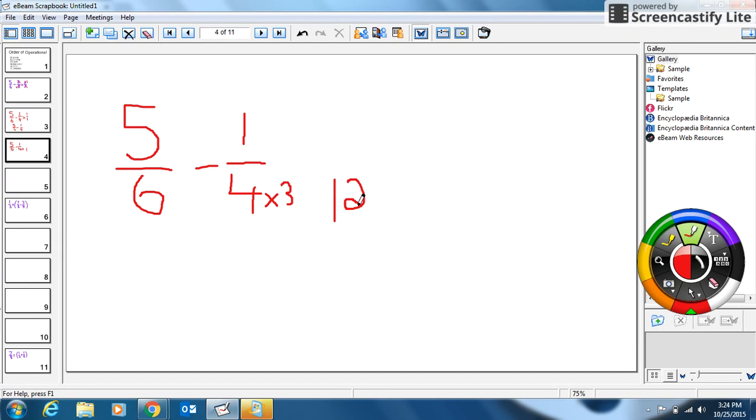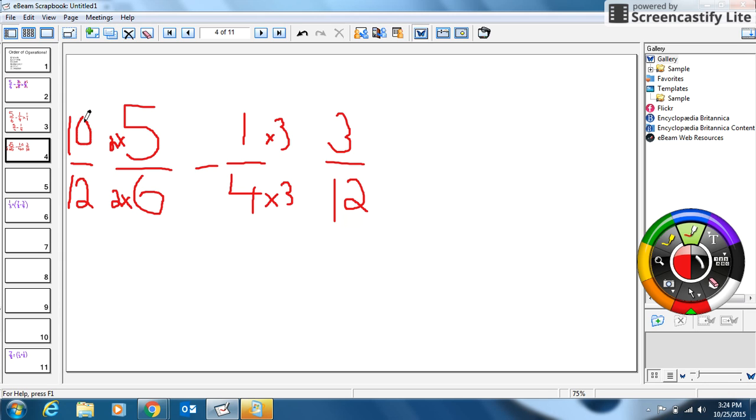Whatever I do to the bottom, I must do the same to the top. So 1 times 3 is 3. Over here, we just multiply it by 2, and that'll get us to the number 12. And over here, multiply the top by 2, and that'll get us to 10.